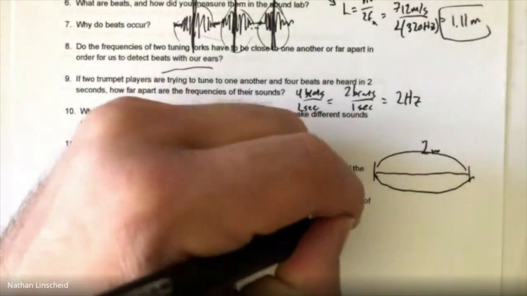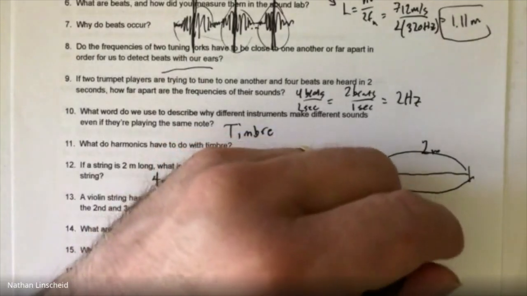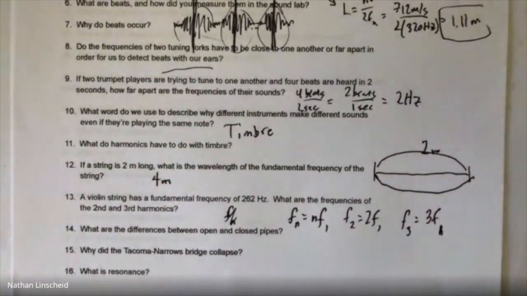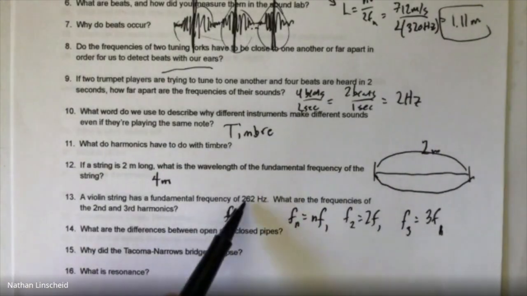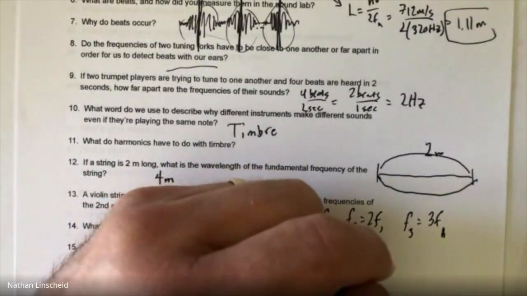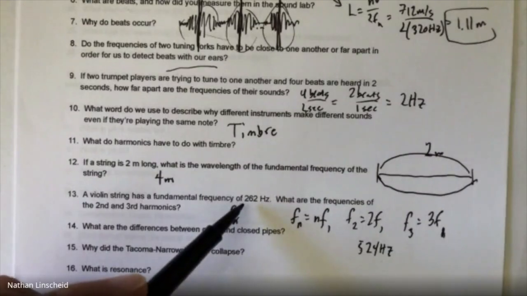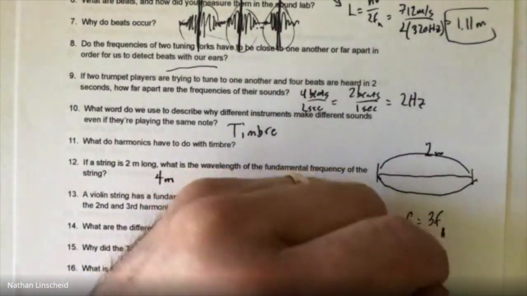So F2 would be 2 times F1. F3 would be 3 times F1. So the second harmonic, if this is 262, would be 524. And this one would be 3 times 262, so that's 786.